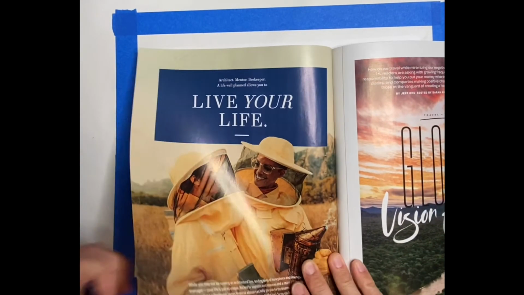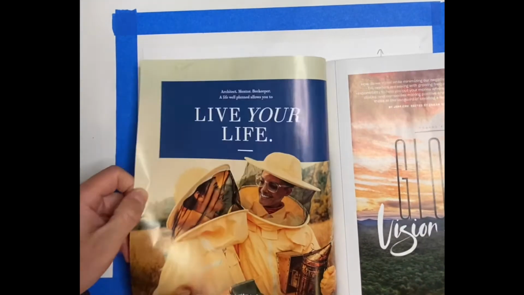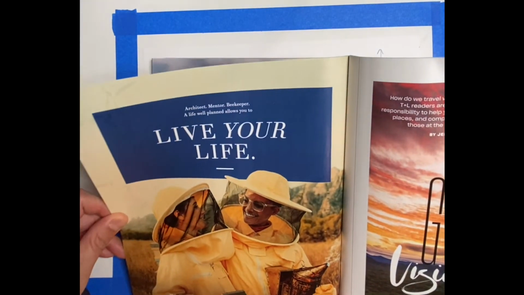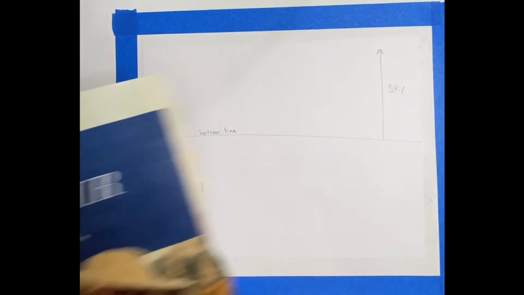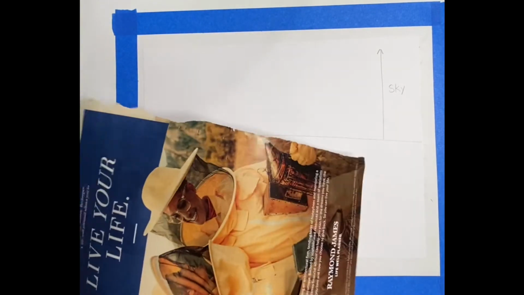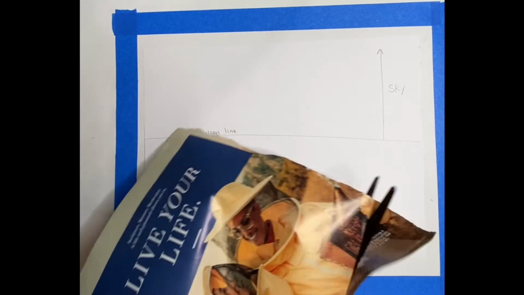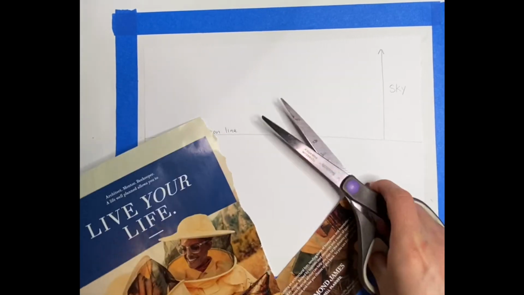So for instance, I'm going to take this image of these, looks like beekeepers maybe, out of the magazine. I'm just going to loosely cut this out. I don't want to take any words or anything. I'm just going to cut these people out right here, and I'm going to use them to take notes for today.